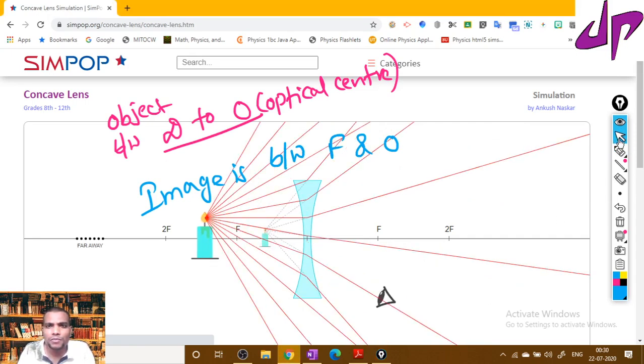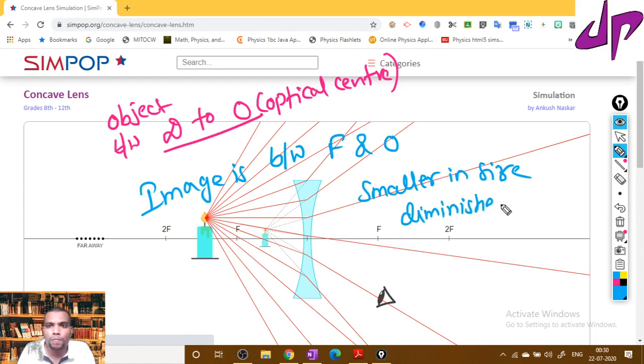And what is the nature of the image? The nature of the image is smaller in size, or you can use the word diminished. And the nature of the image is virtual and erect.